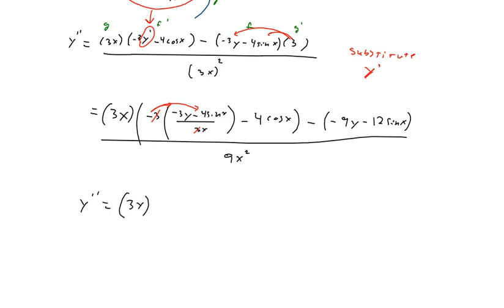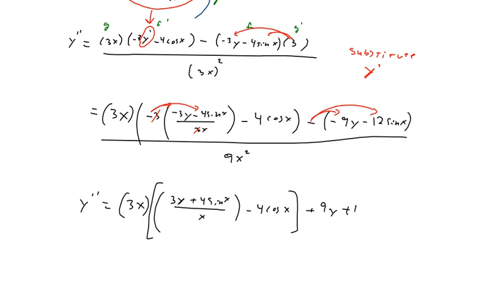I've got 3y plus 4 sine x over 3x, and then this is minus 4 cosine x. I'm going to distribute this negative as well, so I get plus 9y plus 12 sine x.